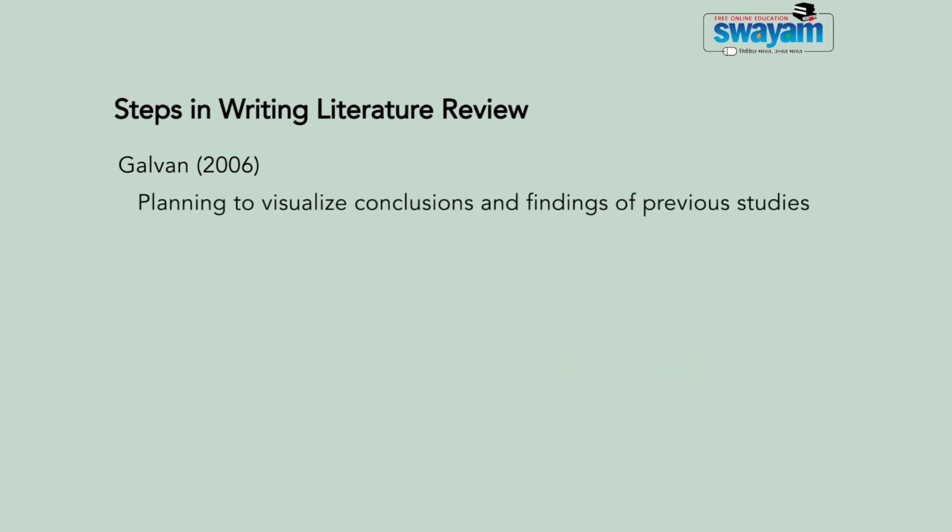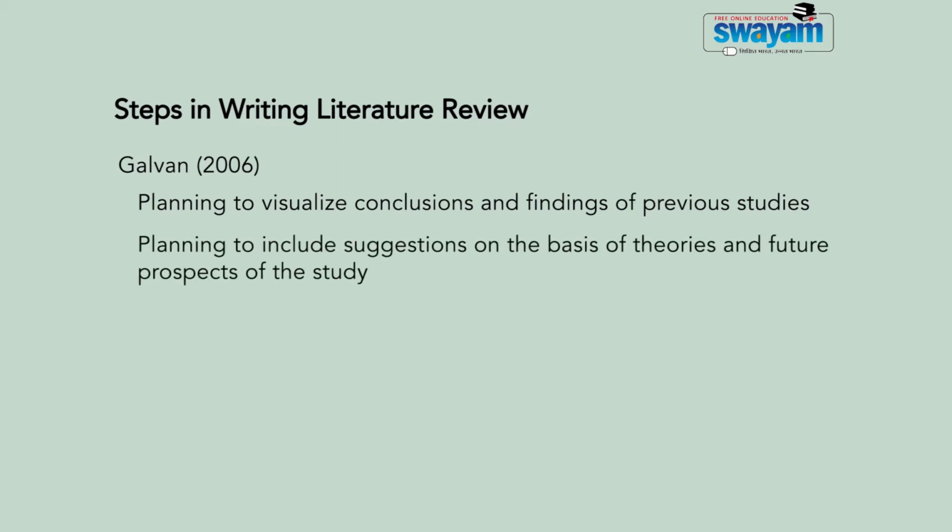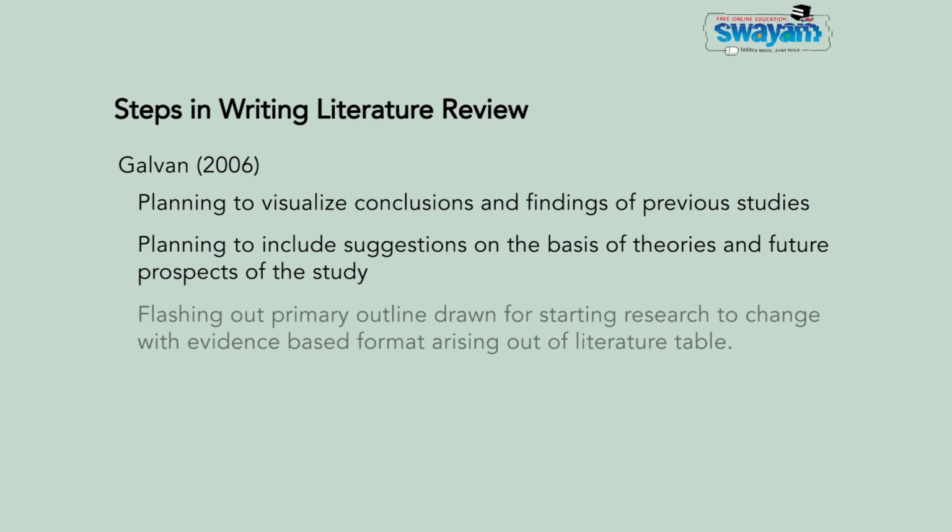The next point he suggests is planning to visualize conclusions and findings of previous studies, planning to include suggestions on the basis of theories and future prospects of the study, fleshing out the primary outline drawn for starting research with an evidence based format arising out of the literature table.